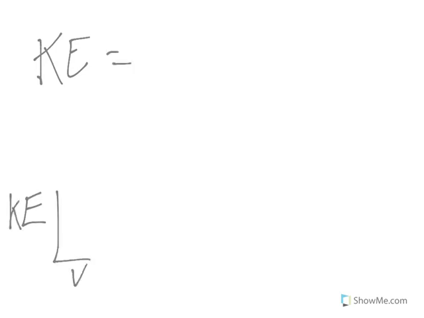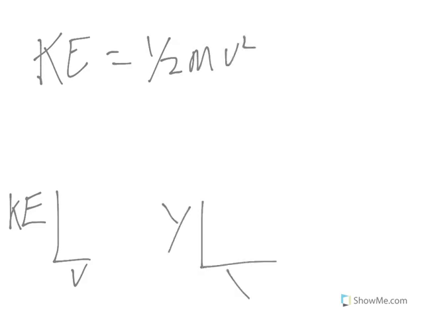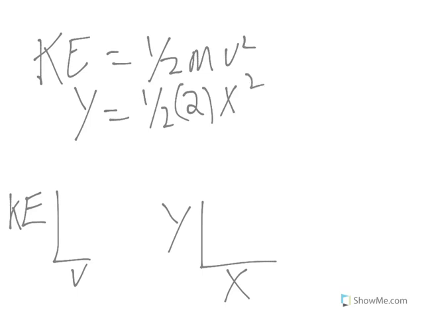Alright, number 3. It's asking what would the graph of kinetic energy to velocity look like. And I ask you, if this is a formula, if we converted this to y and x, and I made KE the y, and then just made up a number for m, and put x in place of v, what would it look like?